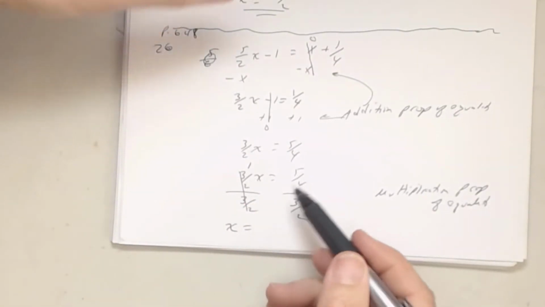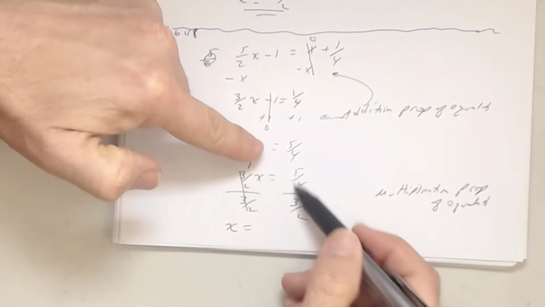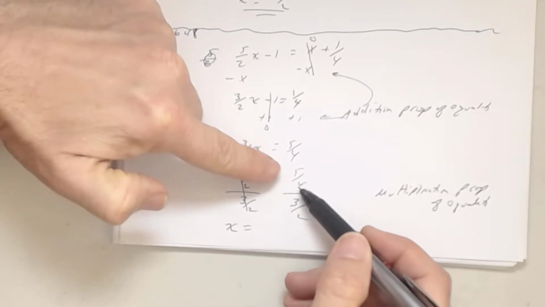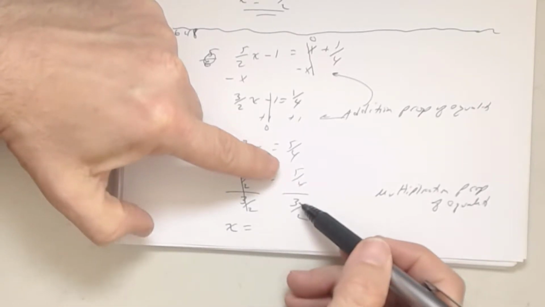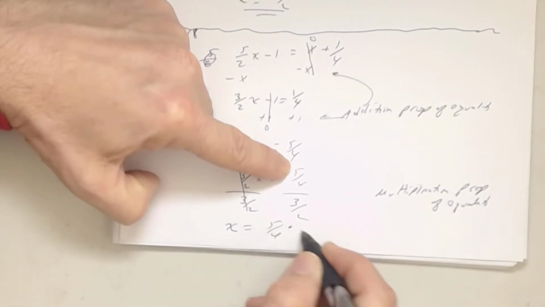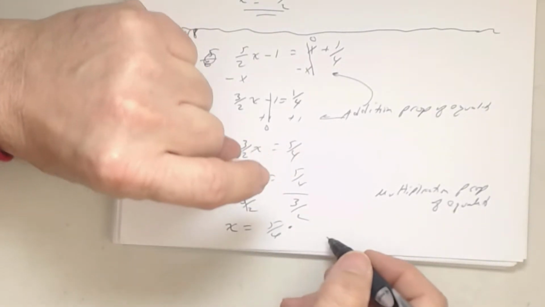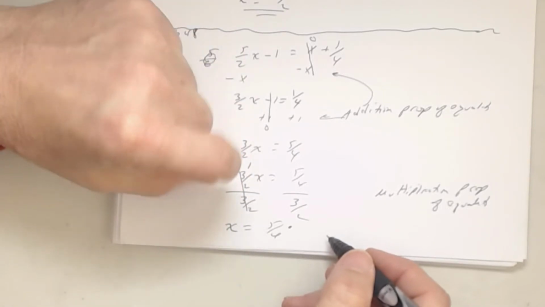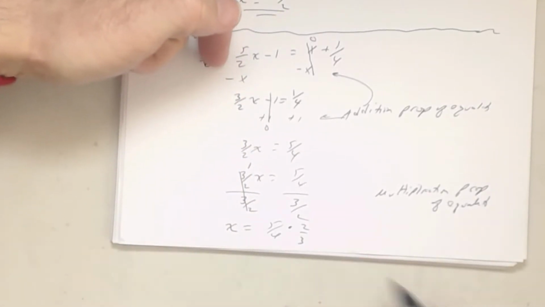Now let's use what we learned last semester. I'm dividing fractions. So whenever you divide, you're going to change it to multiplication. So you're going to take the fraction that's in the numerator, 5/4, and multiply it by the reciprocal of the fraction that's in the denominator, 2/3. Okay, that's where I'm at.